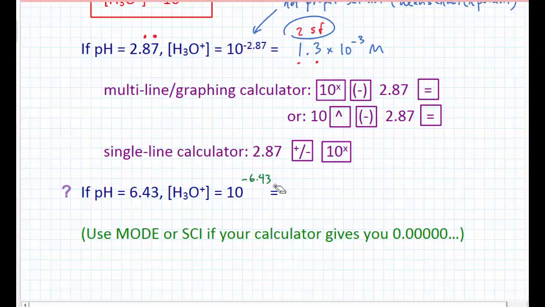Use mode or psi, something like that, to get it into scientific notation if it's filled up with zeros. And you're going to do this one here. You're going to start with 6.43.